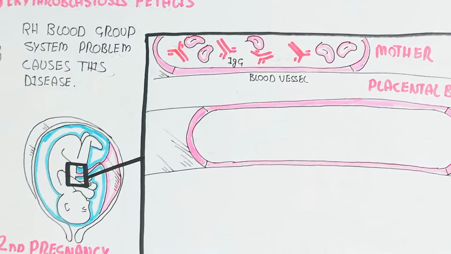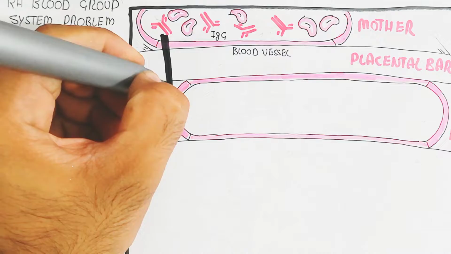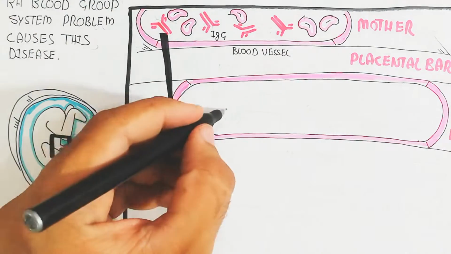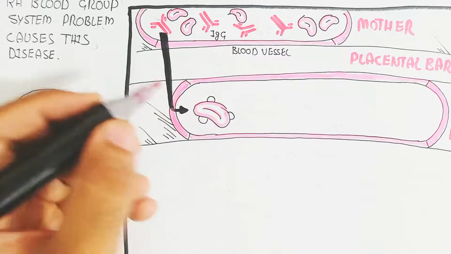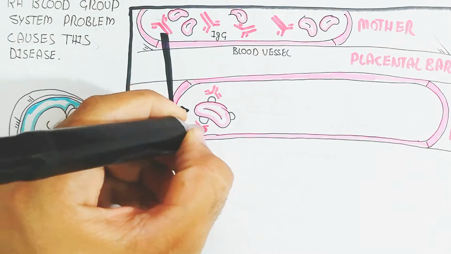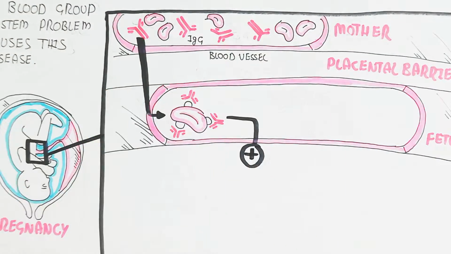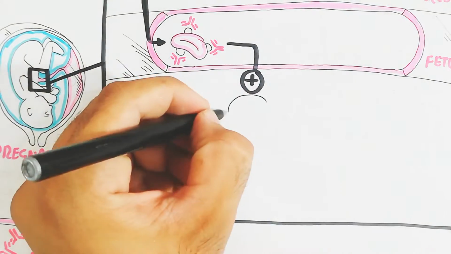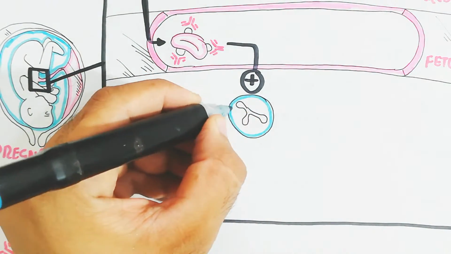So after antigen D, which is present on the fetus RBC, is opsonized, the RBC will collapse, and the inflammation increases to recruit innate immune cells, and endocytosis of the opsonized RBC occurs through neutrophils.